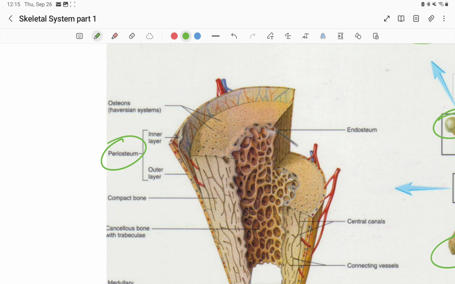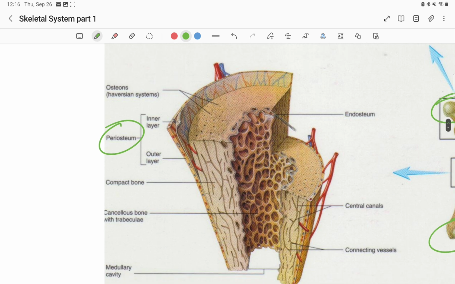It's highly vascularized, so there's a lot of blood vessels, as you can see there, the blue and the red representing the blood vessels. It also has a lot of nerves, so it's highly innervated. Since the red blood cells are made within the bone, they have to get out, right?